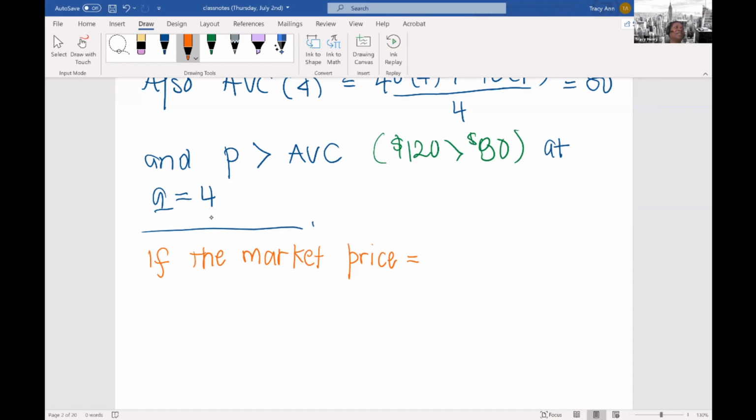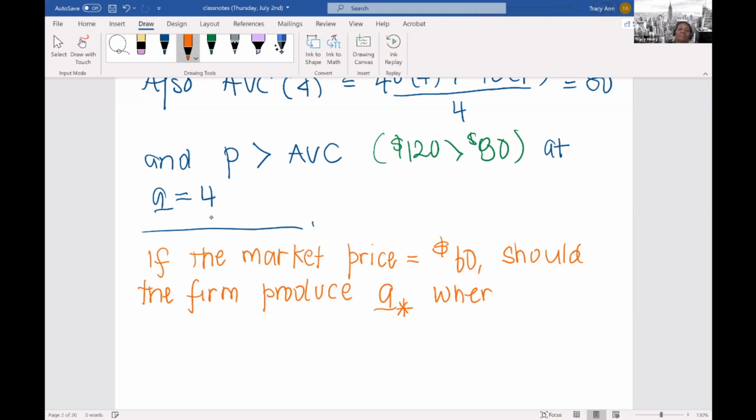I'm so sorry. Let's make that market price equal to $60. So why or why not should the firm produce?